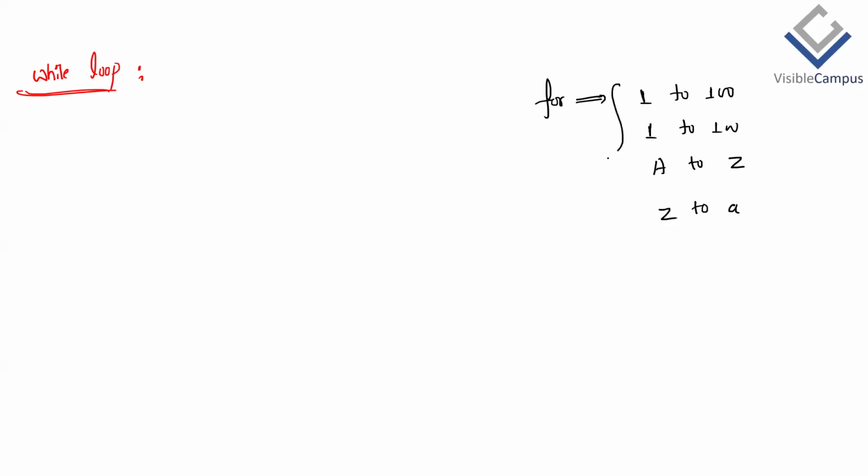So here, this is the starting, correct or not? This is the ending value. When we know both starting and ending, then we can go for a for loop. But why while loop?